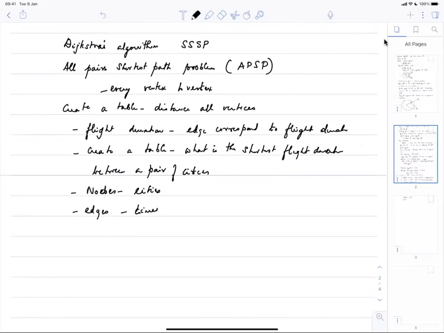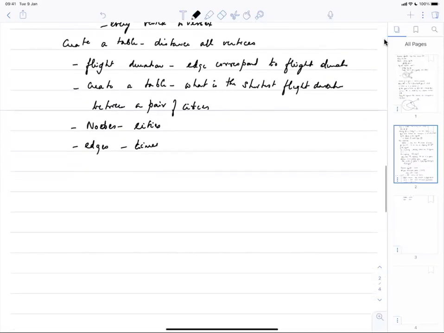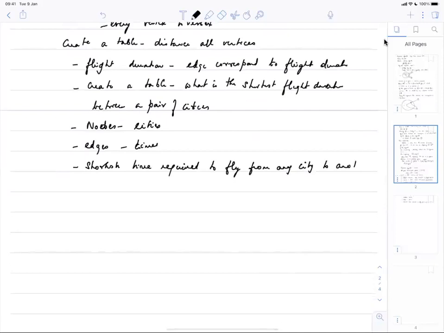And you want to find the shortest time required to fly from any city to another. Okay.